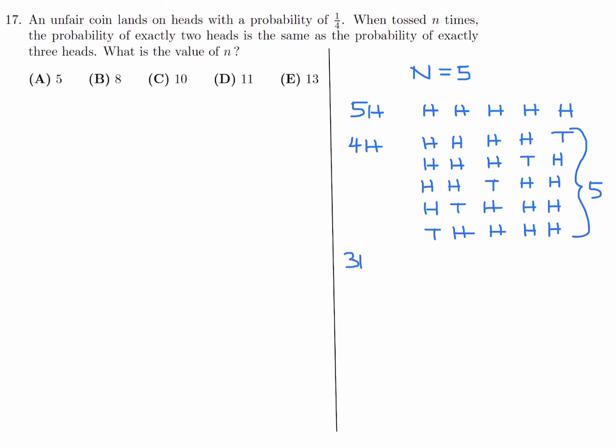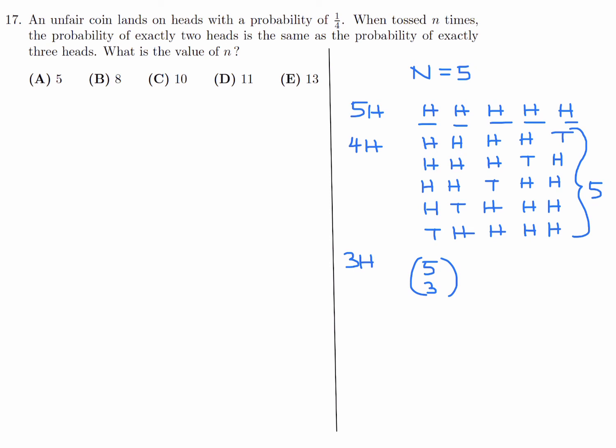Now 3 heads. I'm not going to write them all out. Unfortunately, you don't have to. There's an easier way of figuring out how many. Like I did there, I found 5. How many ways are there of making 3 heads? Use choose notation. From the 5 possible slots, 1, 2, 3, 4, 5, I want 3 of them to be heads, and the other 2 will be tails. So 5 choose 3.